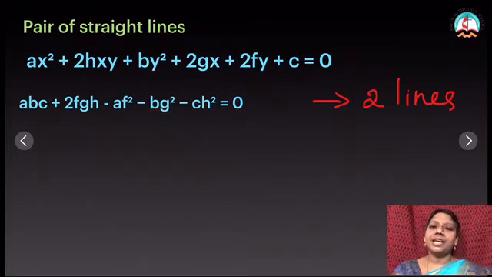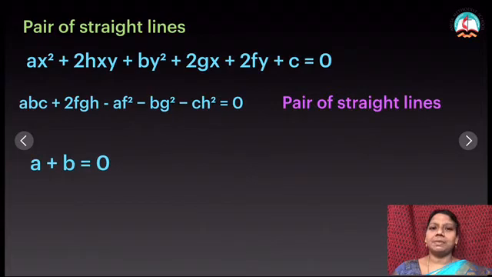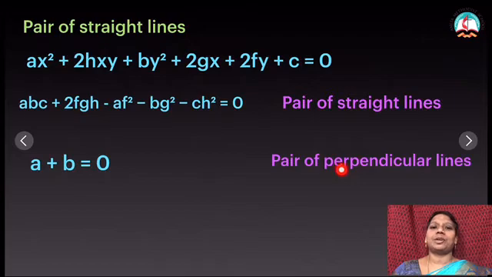If the condition is satisfied and equal to 0, then we can say that they form two straight line equations. Yes, I found that it is a pair of straight line equations. How can I find out whether those two straight lines are parallel or perpendicular? For that also we have conditions. If I have a plus b equal to 0, then I can say that the lines are perpendicular.